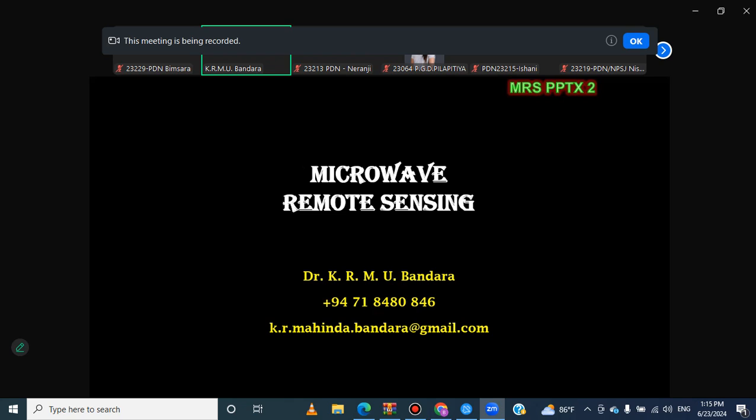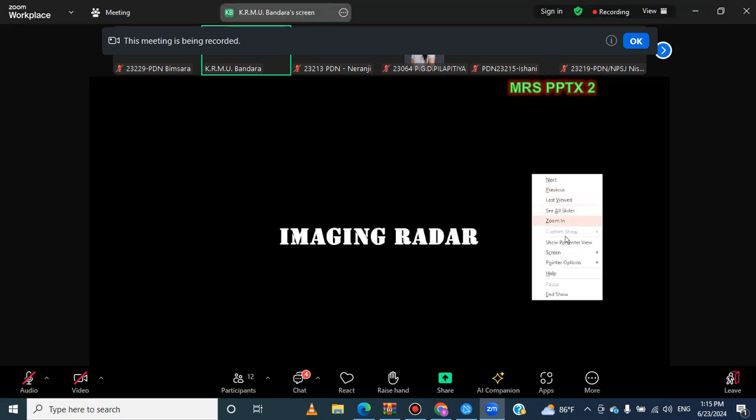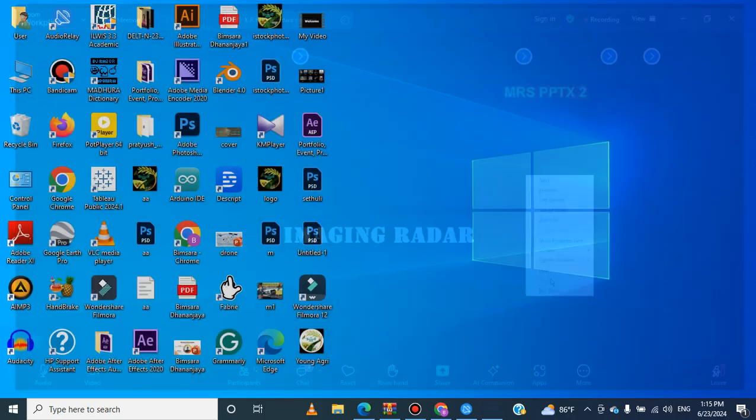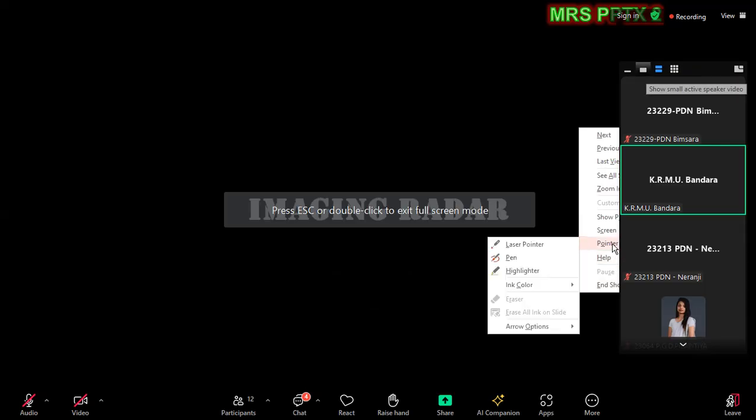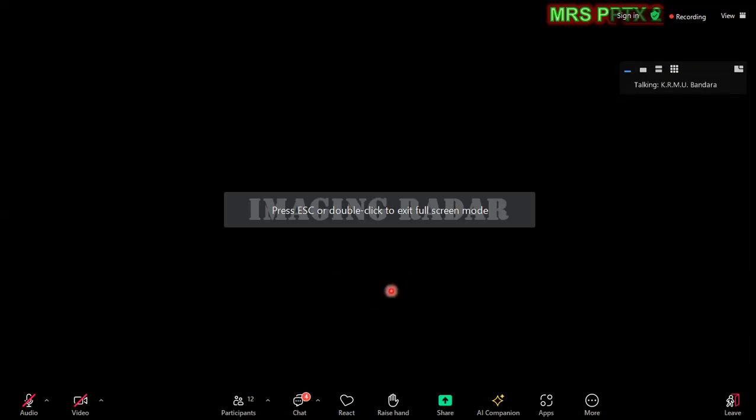In this one we are going to do the imaging radar, because there are non-imaging radars as well, because the radar system is using the microwave.